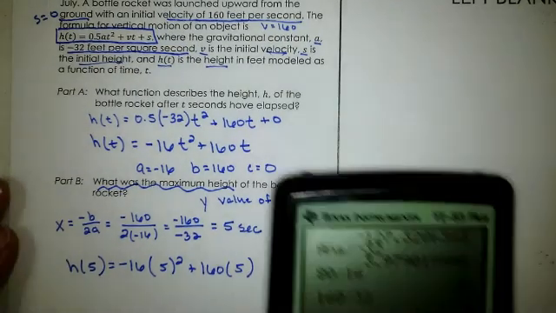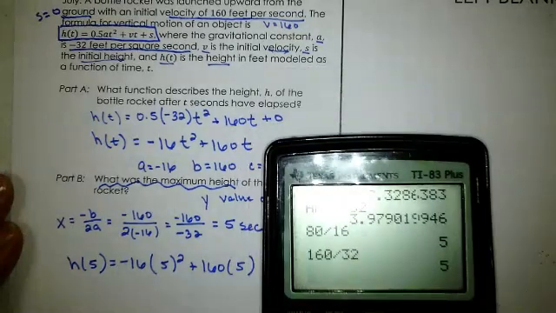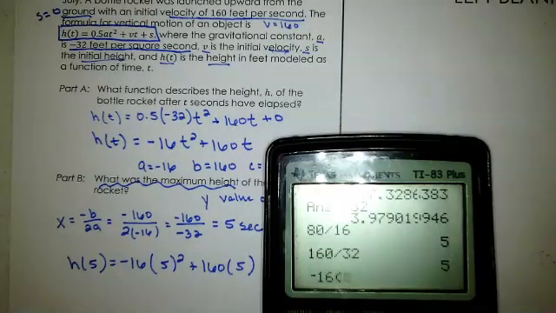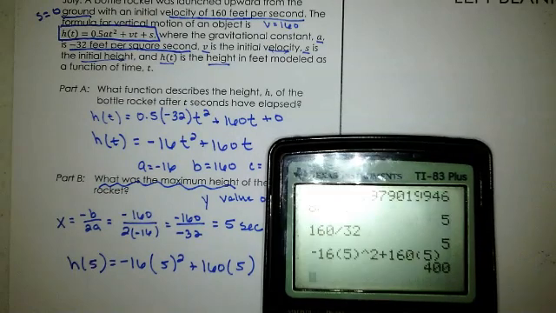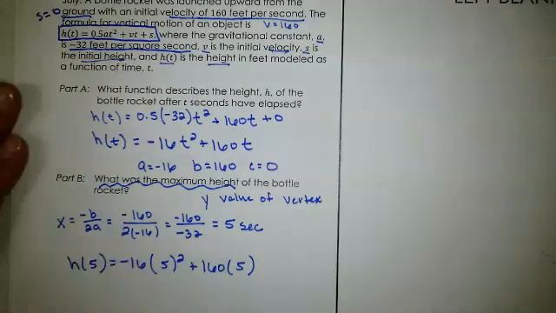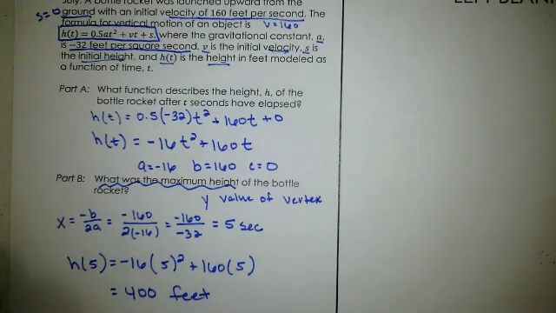And we put that in a calculator. Negative 16 times 5 squared plus 160 times 5. We get 400. So 400 feet. So the maximum height is 400 feet, and it occurs at 5 seconds.